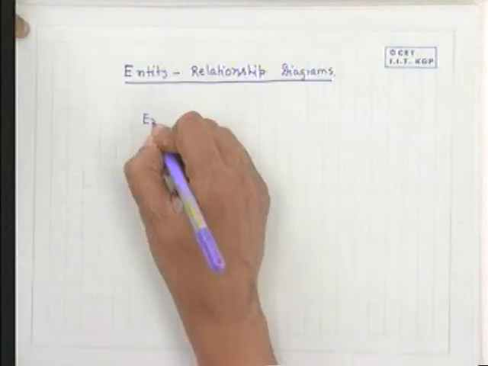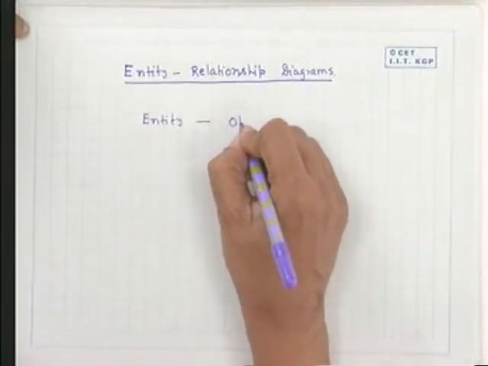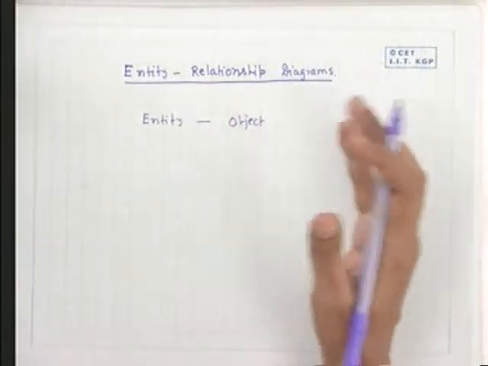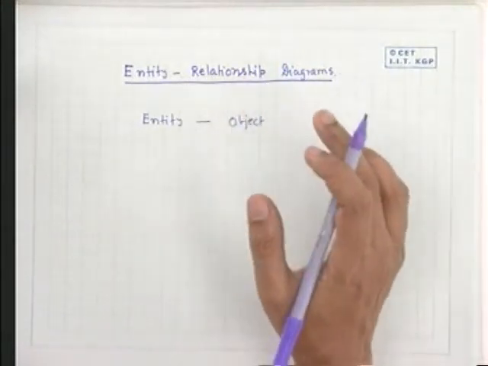To draw the parallel with the object-oriented approach, we can think of an entity as something like an object, and the relationships essentially define how the different objects will be interrelated to one another.